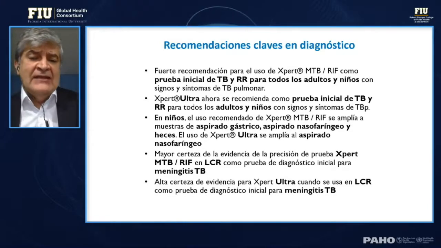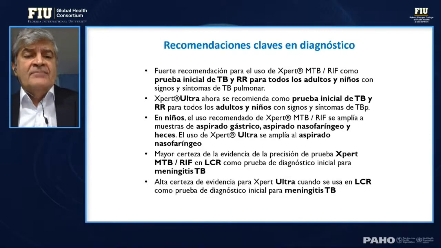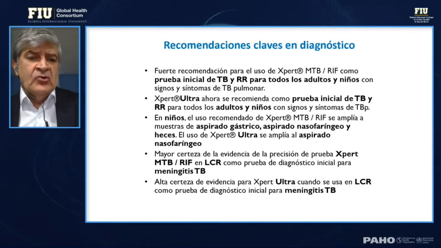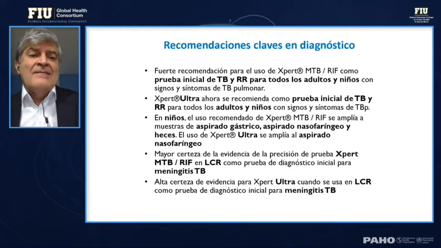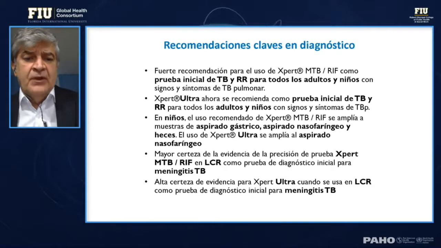Similarly, we have the Xpert Ultra, which is a new generation of these molecular tests, which also has been recommended as an initial test for all patients who have signs and symptoms of lung TB in children as well as in adults.